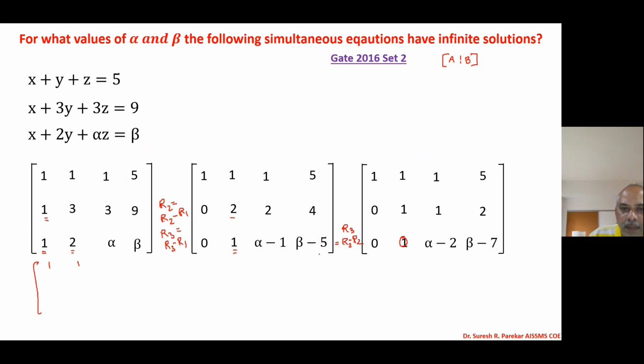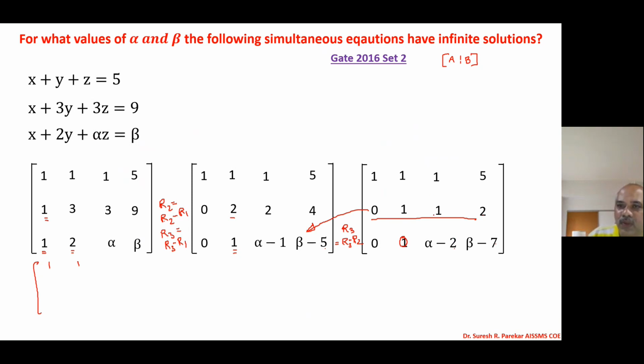Then alpha minus 1 and this 1, so alpha minus 2, and then beta minus 5 and this 2, so beta minus 7. So we have subtracted these values from these values, R3 equal to R3 minus R2, where I have considered R2 as this one.